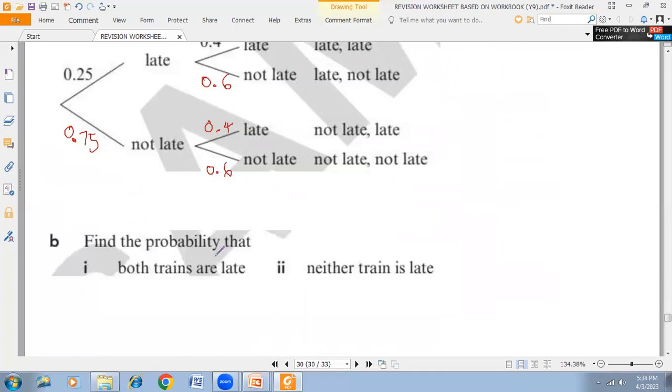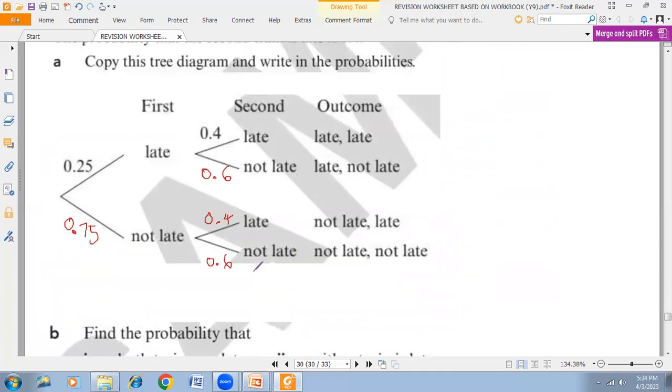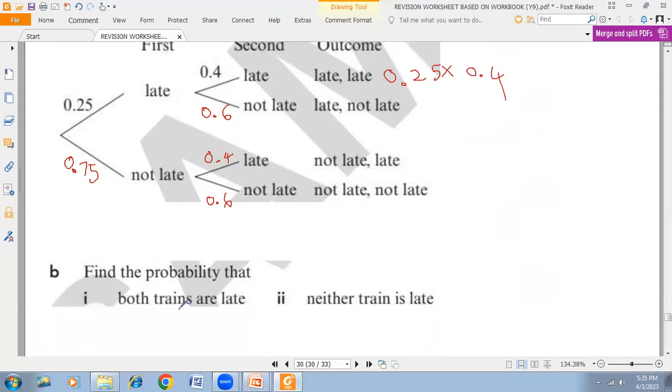Find the probability that both trains are late. Both trains are late means late and late. This part, late and late, which means 0.25 times 0.4, which is 0.1.